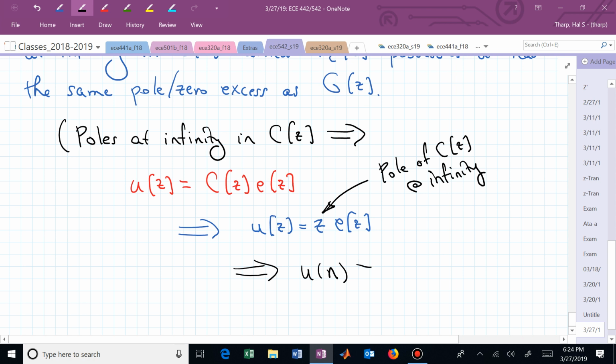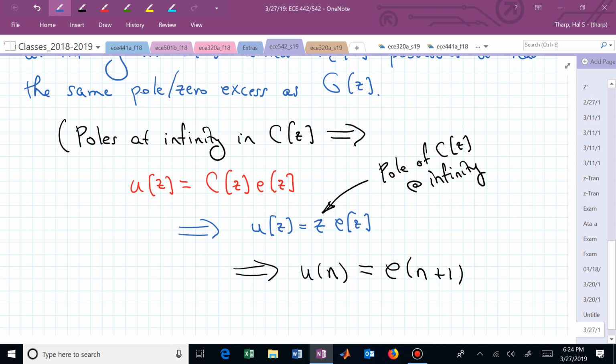What happens when we inverse Z transform the right-hand side? We now have E of n plus 1. Now the input is dependent on an error signal that's in the future. It's non-causal. And that's due to having a pole at infinity.